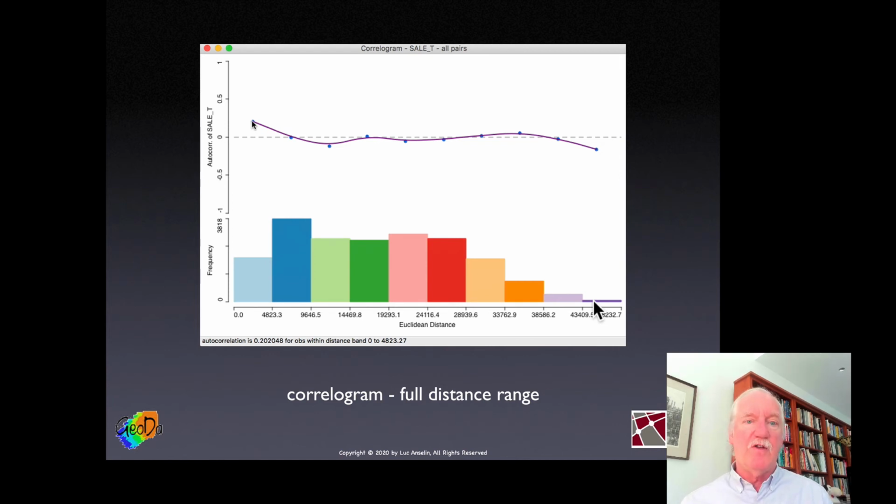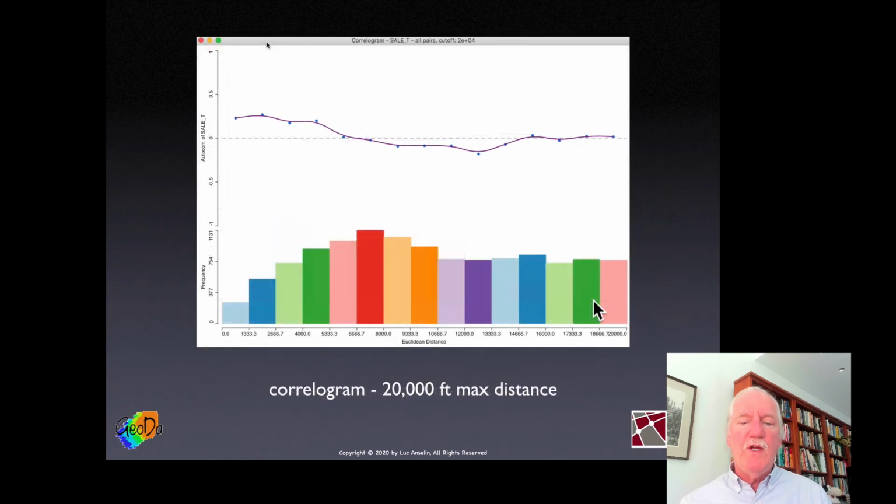It's like high leverage points. You don't want them there. So typically, what we do is we reduce the distance for which we consider pairs. And you see here, pretty much everywhere, there is a nice chunk of observations. You can see here how many there are. Rule of thumb is to have at least 30.